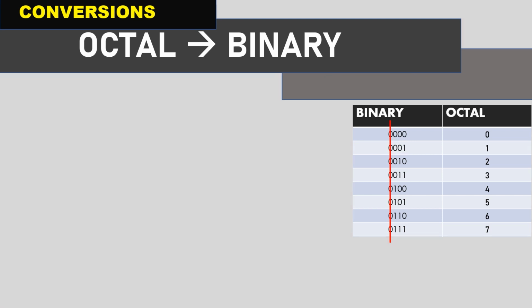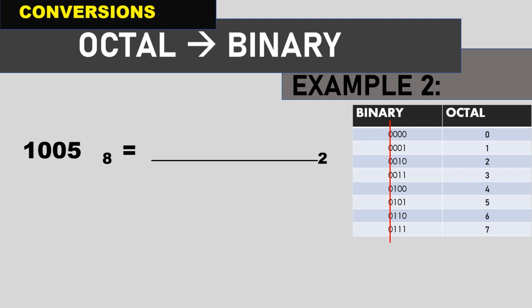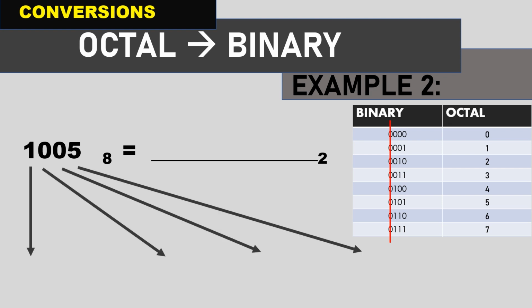Okay, so we have another table here. We have example number 2. This time we have 4 digits. Again, it is octal going to binary. I extract each digit from the right going to the left. We have here 5, so we have 101. Then we have 0, which is a 3-digit 000.